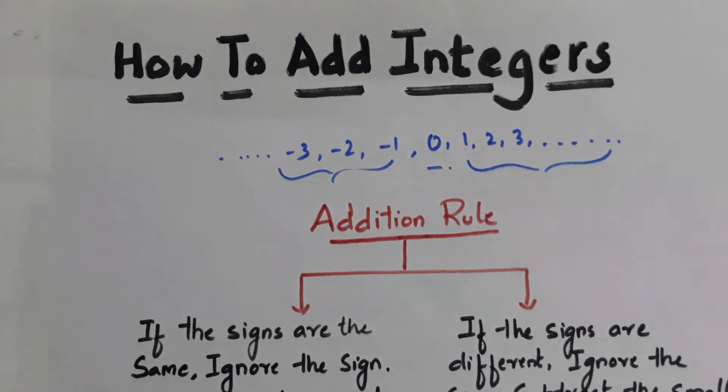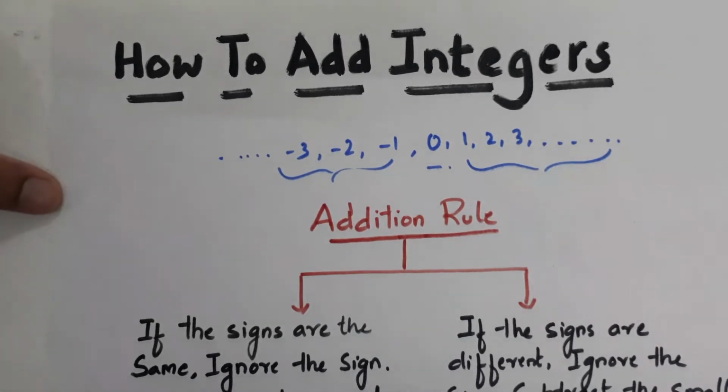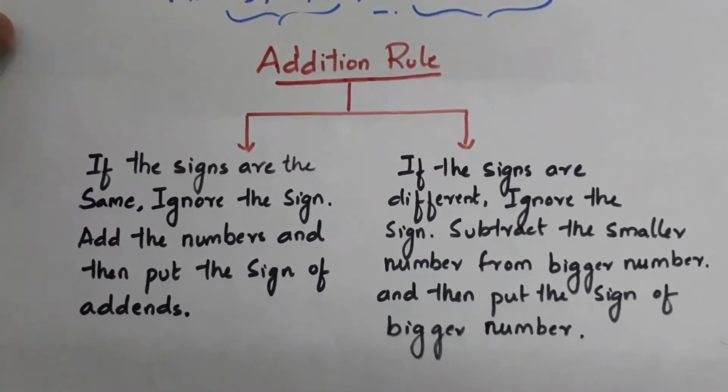There is one rule called the addition rule, which we can follow to add integers. Let's see how to do that. When you're adding two integers, we have to just check the sign.